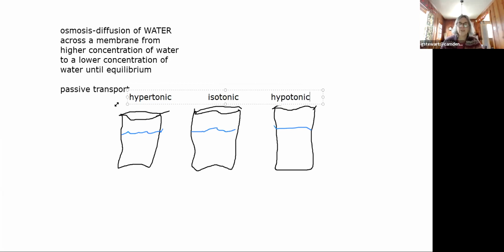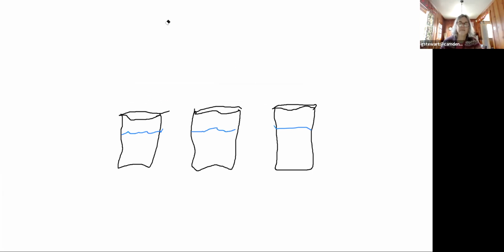Now those words can be used to either describe the solution or the cell, inside the cell. So I guess I can't do that. So let's just make this a small box and put hypertonic here. Okay, so this is going to be the hypertonic solution.